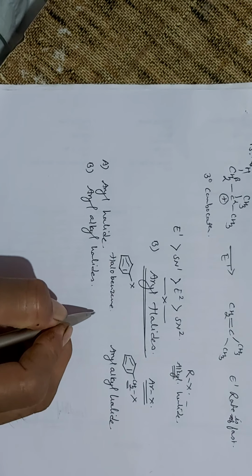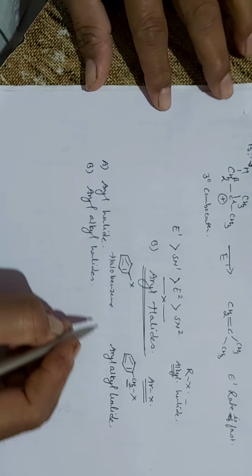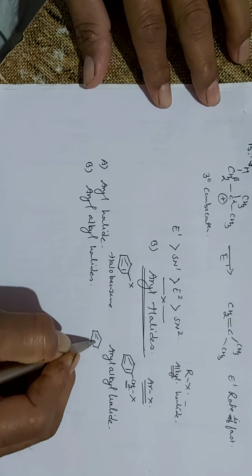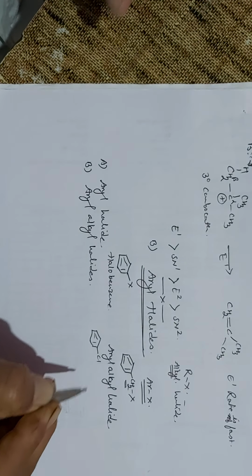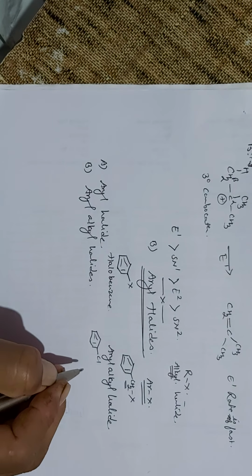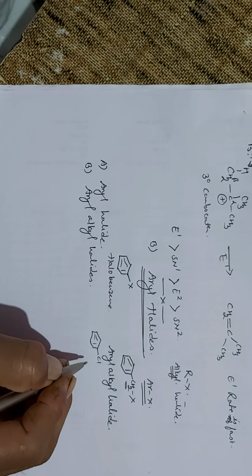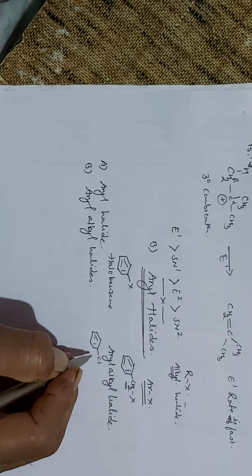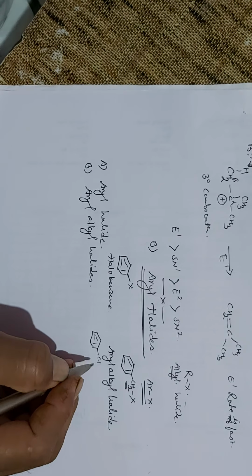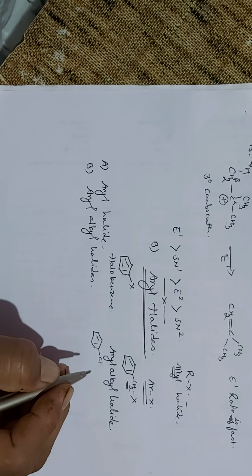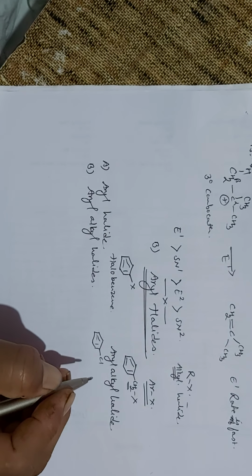Here in aryl halide, different types of halogen like chlorine, bromine, iodine are attached to the benzene ring directly, and so they are halobenzenes: chlorobenzene, bromobenzene, iodobenzene. In this way, we can get fluorobenzene also, or you can get di-substituted types of compounds.